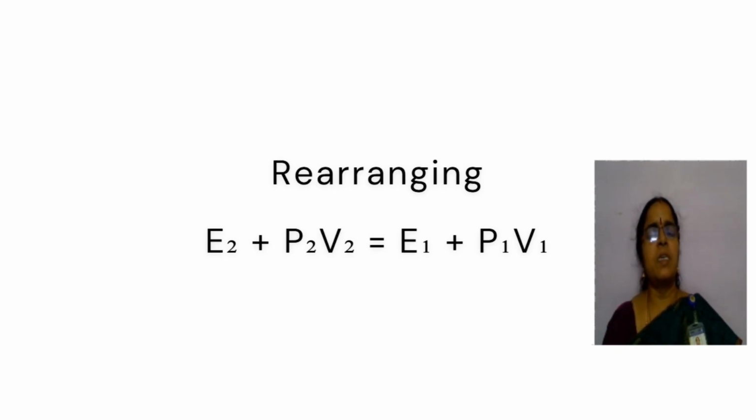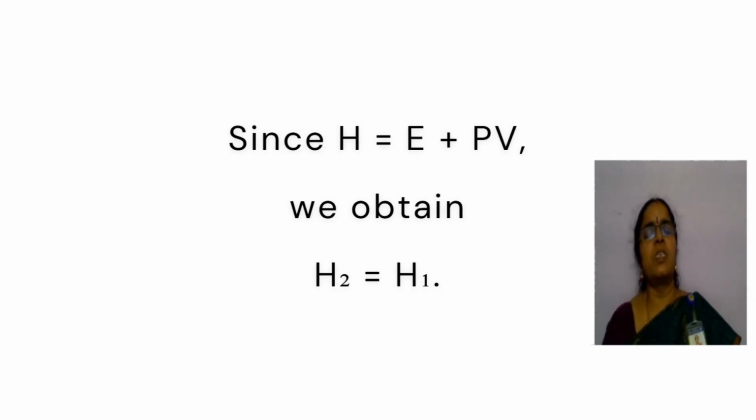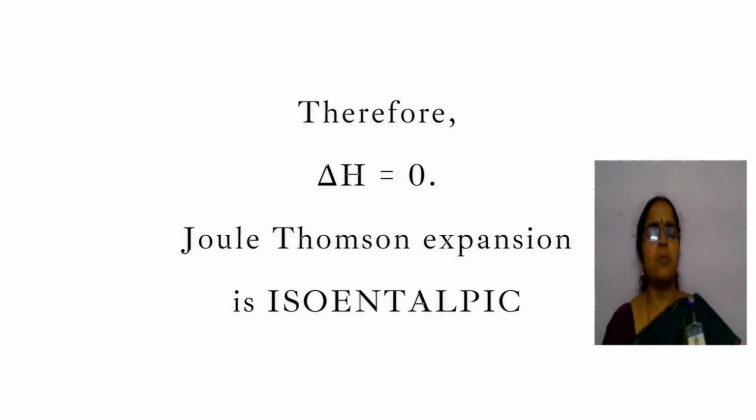On substituting that, E2 plus P2 V2 is equal to H2 and E1 plus P1 V1 is equal to H1. Then H2 minus H1 is equal to 0. Then delta H is equal to 0. Hence, it is proved that the Joule-Thomson expansion is an isoenthalpic process, meaning the enthalpy remains constant.